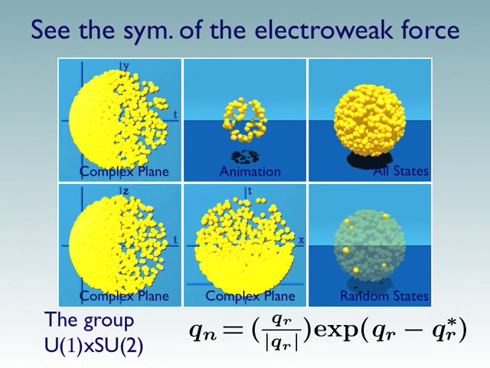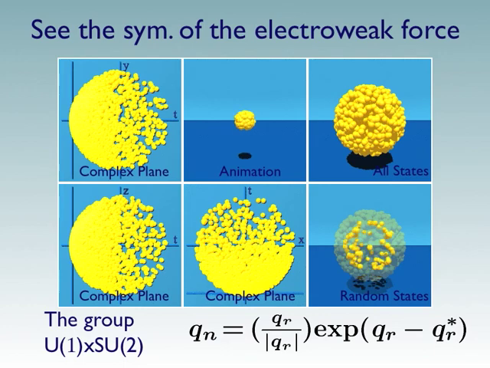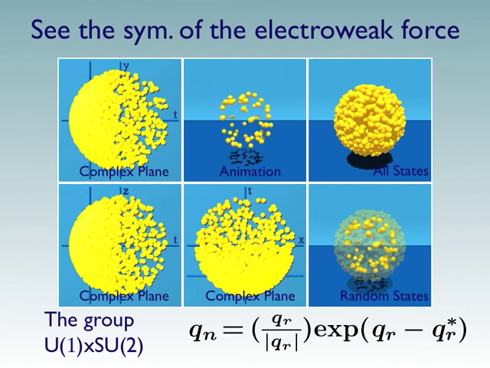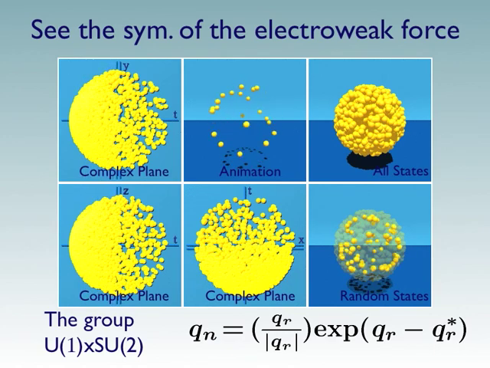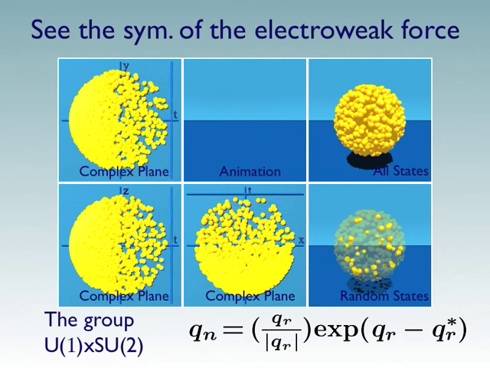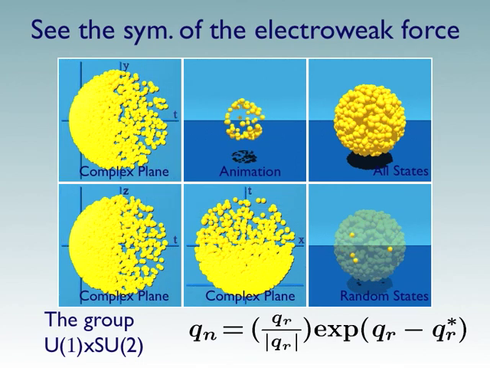So now we've got the symmetries of the electroweak force, which we get basically by combining the results of the previous two, the normal quaternion normalized to itself times this exponential. U1 is supposed to be an abelian group, which means it should be the same if I write it on the other side, and it does do this in this case because we're using the same quaternion throughout the calculation.